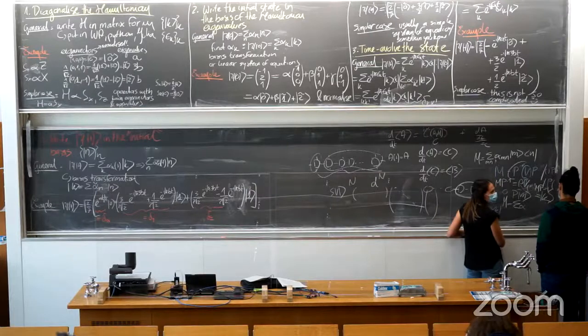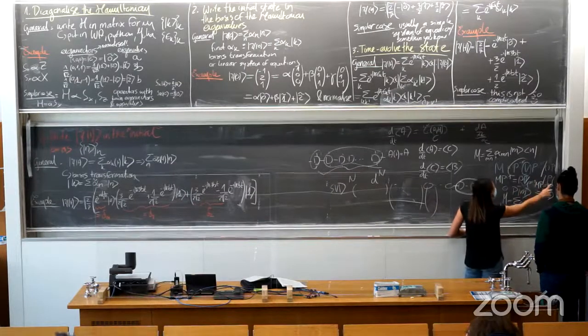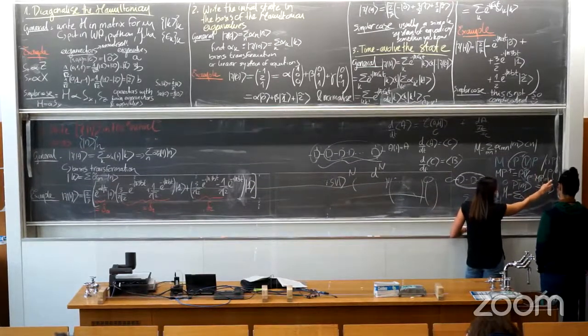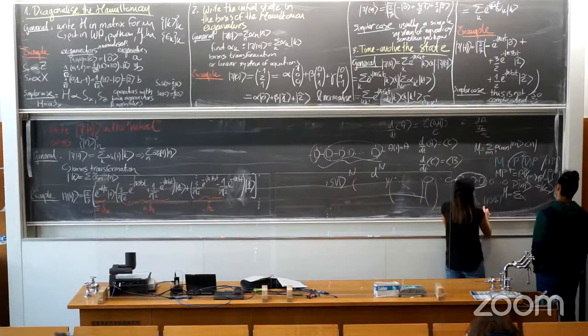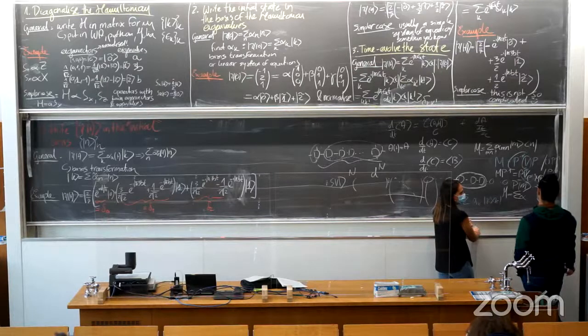This is exactly the basis of the eigenstates, and that's why I can write it like this. I apply a basis transformation.